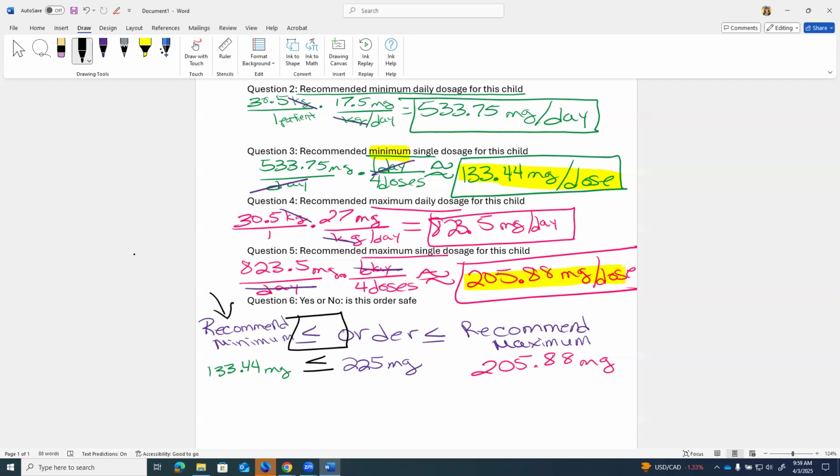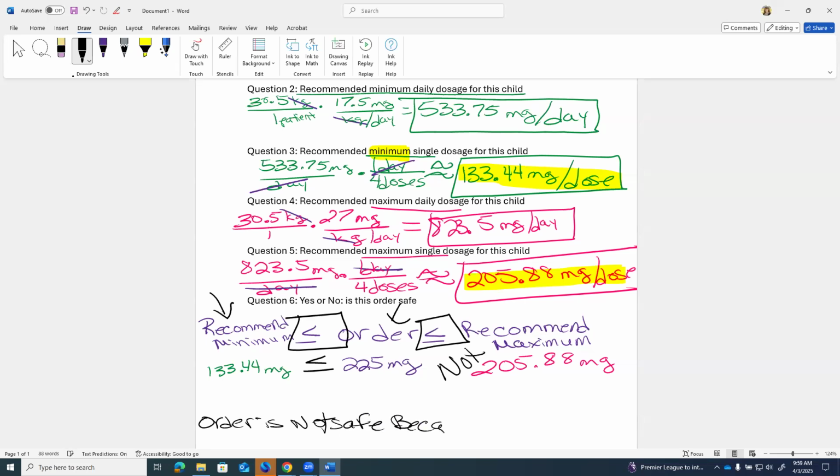Is this order less than or equal to the recommended maximum? Oh, no, this is not true because the order is greater than. So this is not safe.